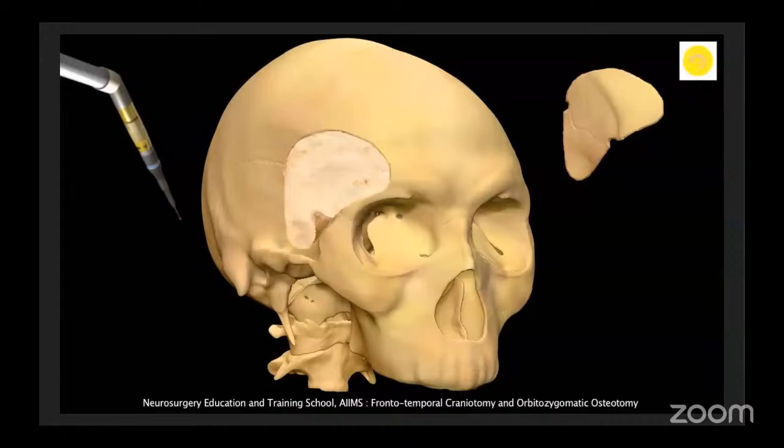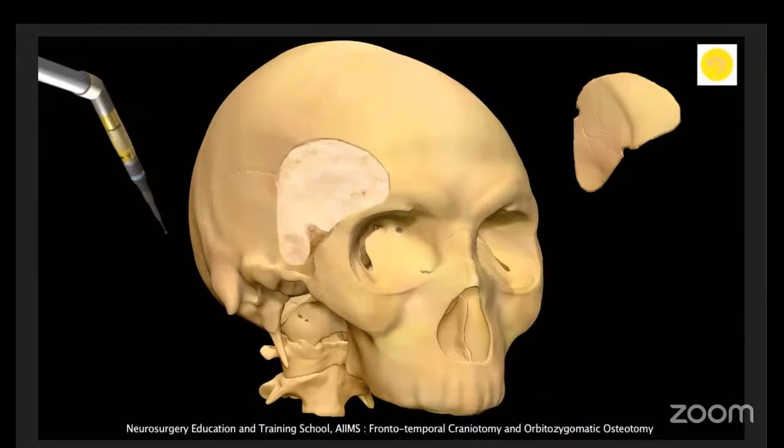Now, there are certain variations that you can have once you're approaching the clinoidal meningioma, depending on how big it is. Let me draw here. So if this is a clinoidal meningioma, which is not involving the sella, and you believe that you would be able to access it from a pterional craniotomy, then this craniotomy is fine on its own, because what are we going to do? You see this ridge here?